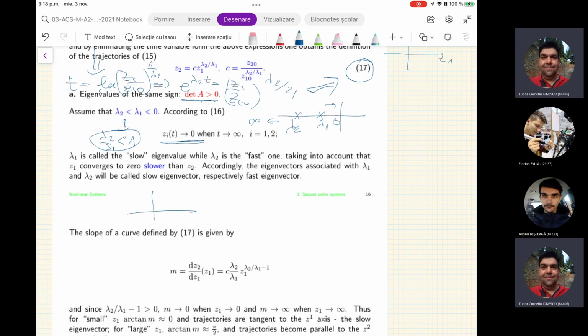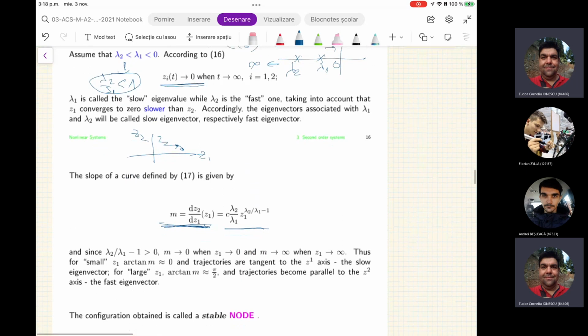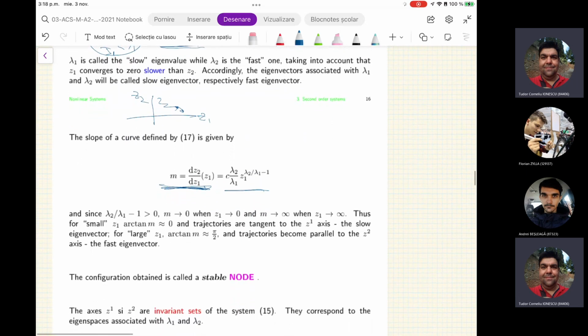I remind you, we need to make a function, z2 versus z1. And if you want the slope, you have to take the derivative. This is how you compute the slope, and the slope is given by this formula. And now, look, lambda 2 is larger than lambda 1.